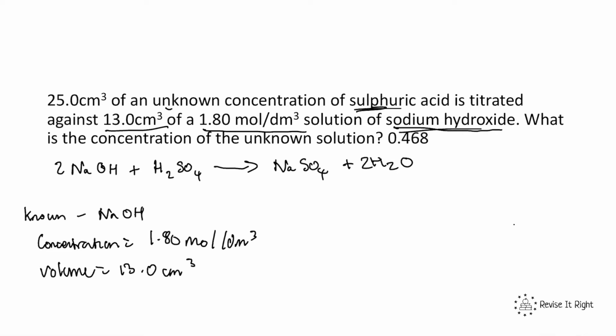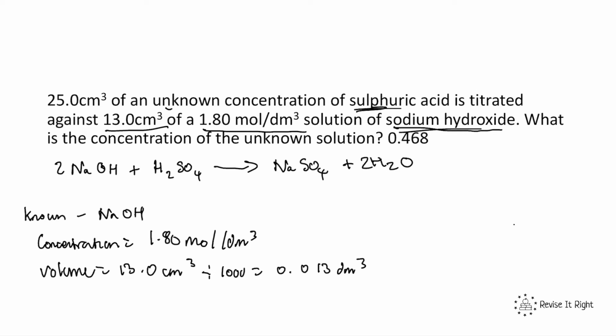Okay, but we know when we're dealing with our moles that we need that in decimeters cubed, so it's always a good thing to convert it now. So 13 divided by 1,000, because remember we divide by 1,000 to get to decimeters cubed, is 0.013. And now what we need to do is calculate the number of moles from this.